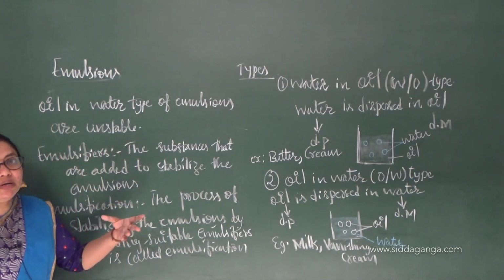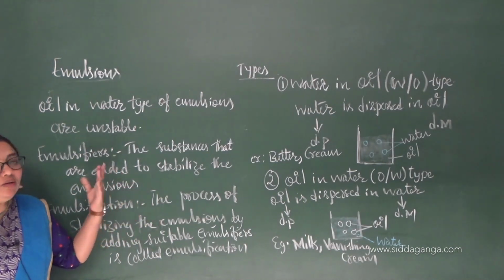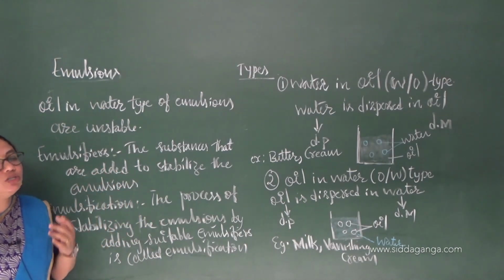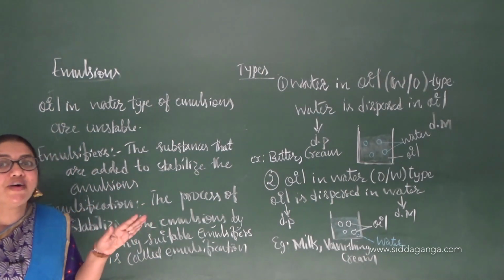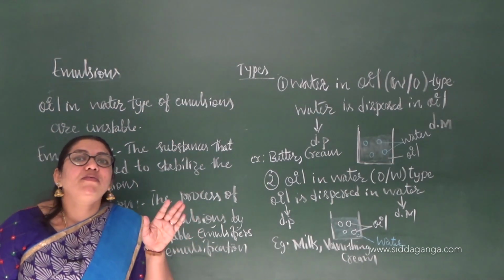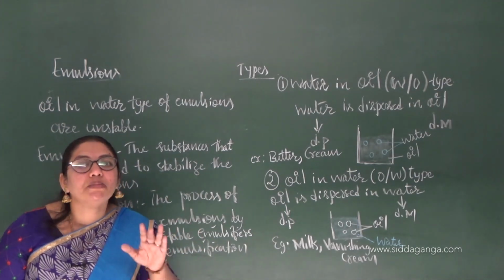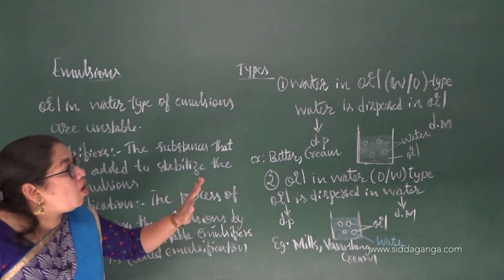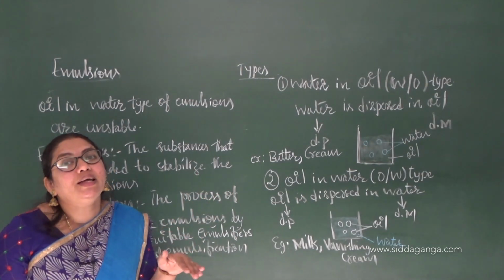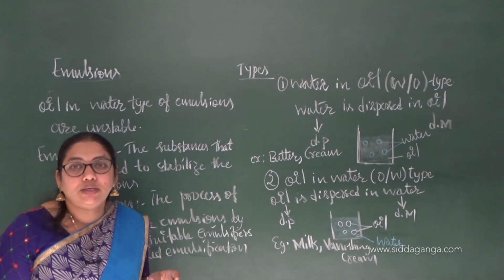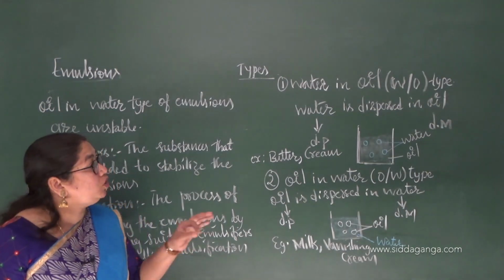So let us list out the reagents that we add to emulsify. We stabilize so that the oil in water or water in oil interface is there, and only then do we get emulsions. Why should we stabilize?